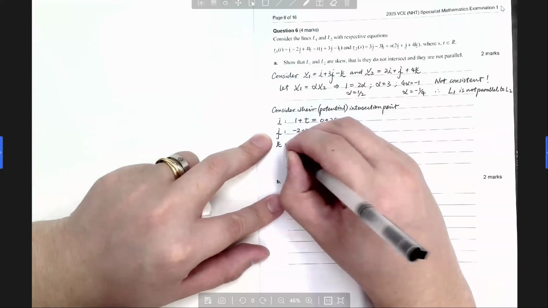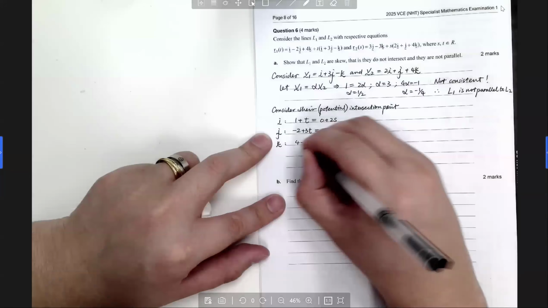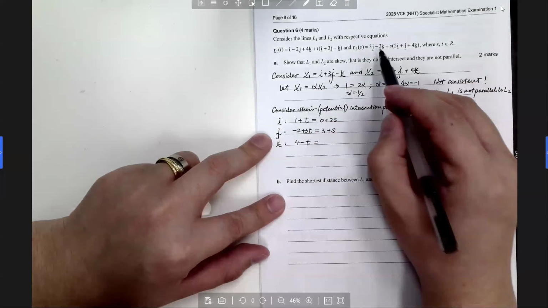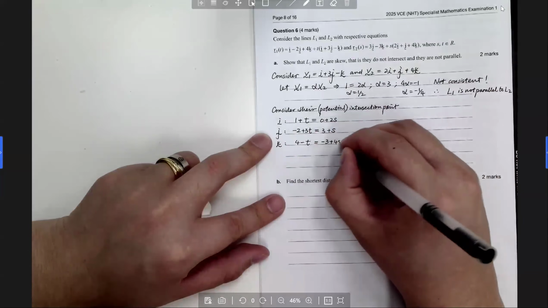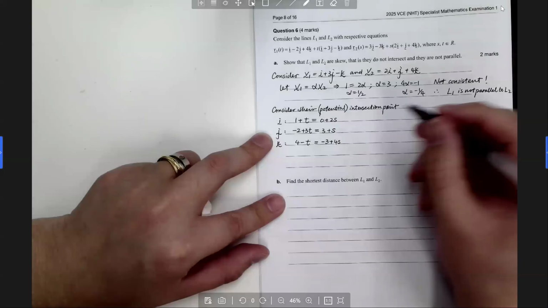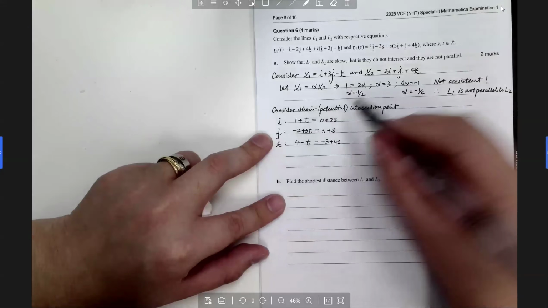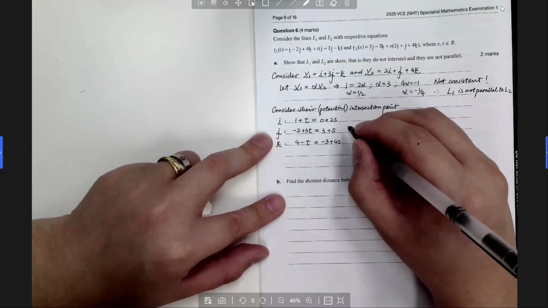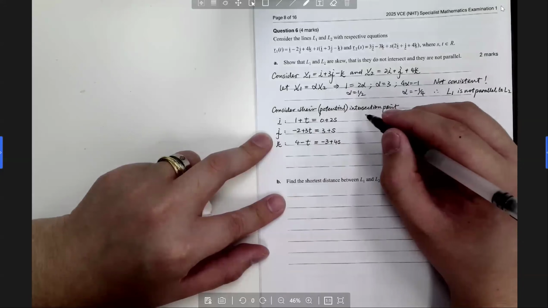Also, the k component, we have 4 minus t equals minus 3 plus 4s. Naturally, I would get, for example, 2s equals t plus 1.